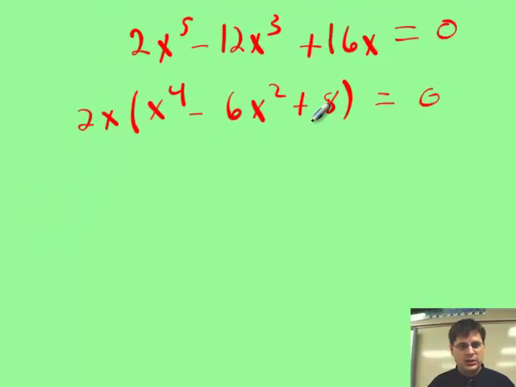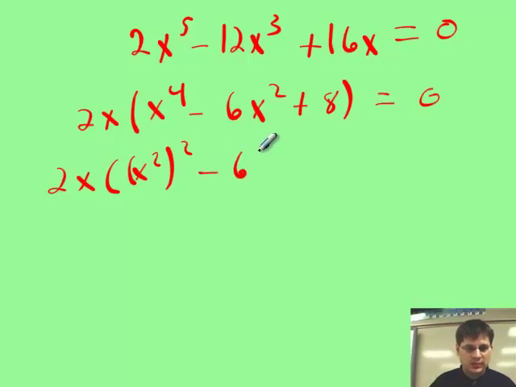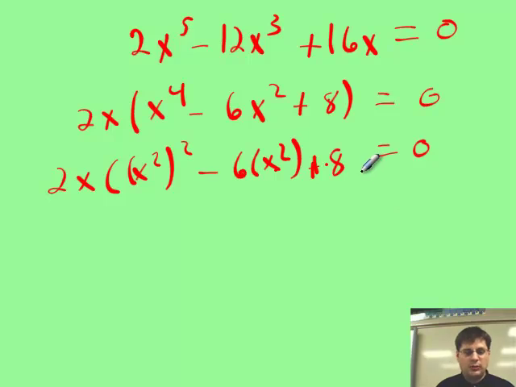Now again, notice that this is in the form of a quadratic. So here's my GCF, but this is like my squared term. What's being squared? Oh, x squared is being squared, x squared squared. And then this is just my x squared term, and then plus 8 equals 0. So I'm going to look for factors of 8 that add up to negative 6.